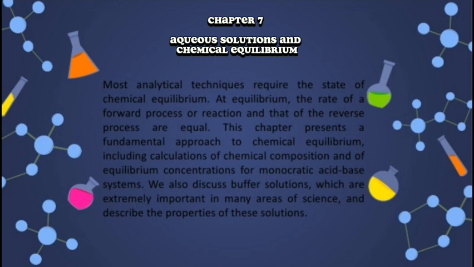Before we proceed to the problem solving, let's have an idea of what is included in this chapter 7, which is the aqueous solutions and the chemical equilibrium. Ito yung sinasabi natin na it allows chemical reactions to take place at a constant rate.